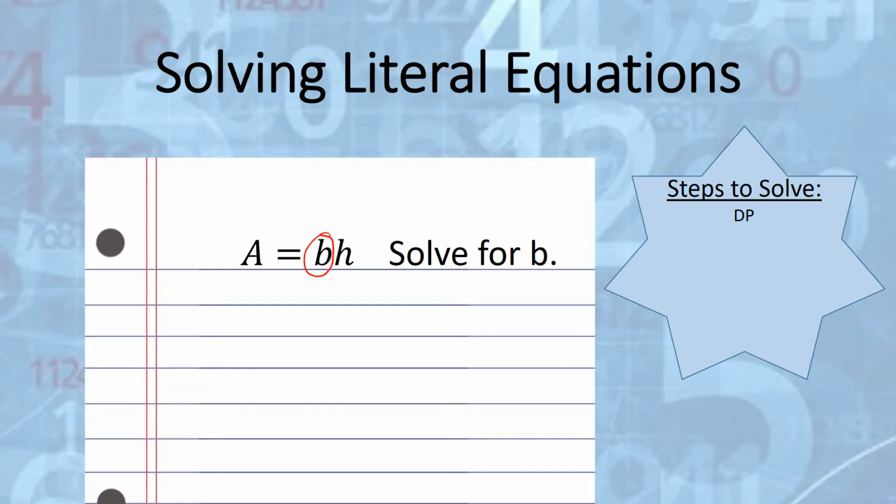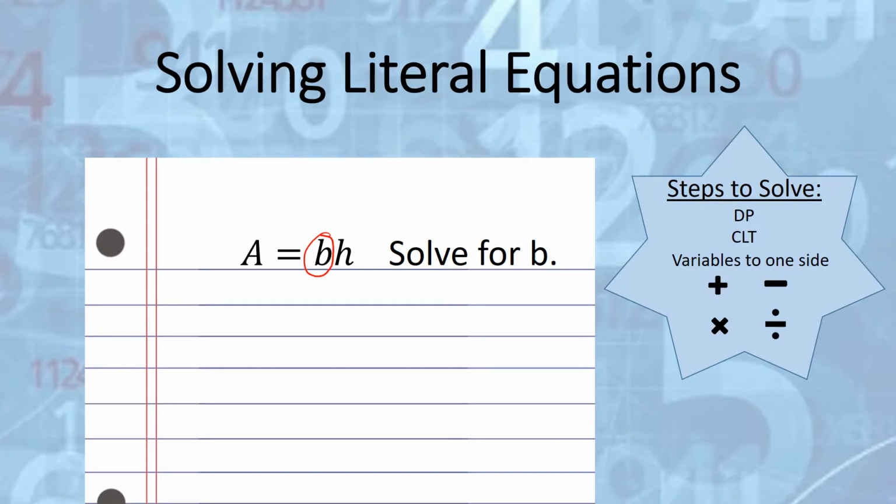DP, is there any distributive property in my problem? No. CLT, can I combine any like terms? No. Is my variable b already on just one side? Yes, it is. Is there anything being added or subtracted to the b? No. Is there anything being multiplied or divided by the b?